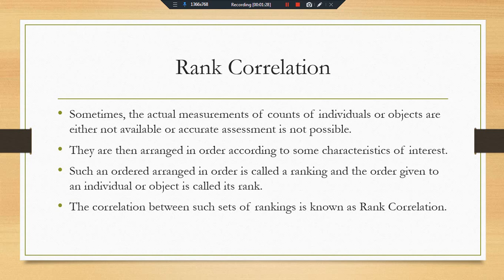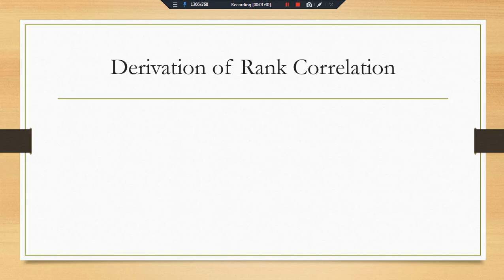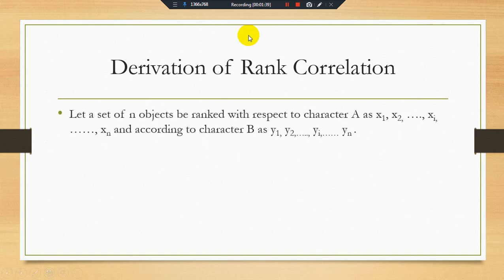Okay, let's start the derivation of rank correlation, which is very interesting and full of derivation and full of equations. So let us say we have objects to be ranked with respect to a character.